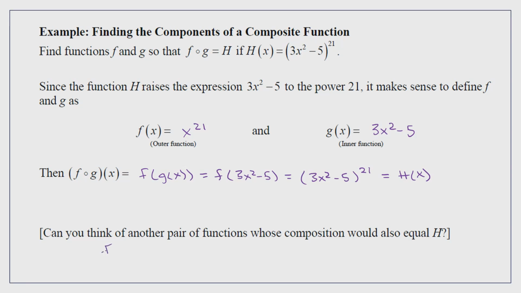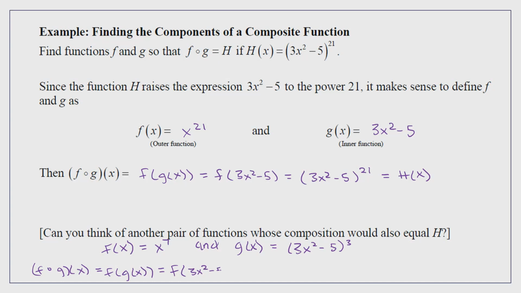Well, if we let f of x equal x to the 7th and g of x equal 3x squared minus 5 to the 3rd, then f composed with g of x will equal f of g of x, which equals f of the quantity 3x squared minus 5 to the 3rd, which equals the quantity 3x squared minus 5 to the 3rd raised to the 7th. 3 times 7 is 21, so that will get us 3x squared minus 5 to the power 21, which equals h of x.